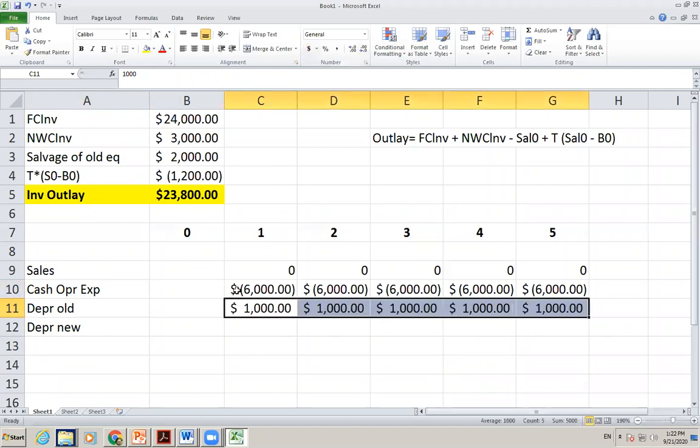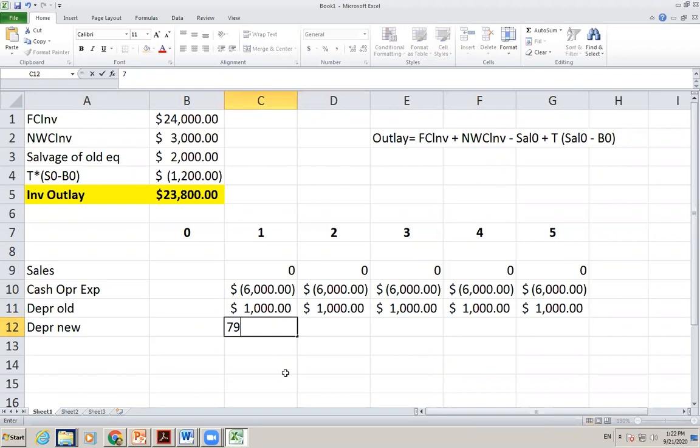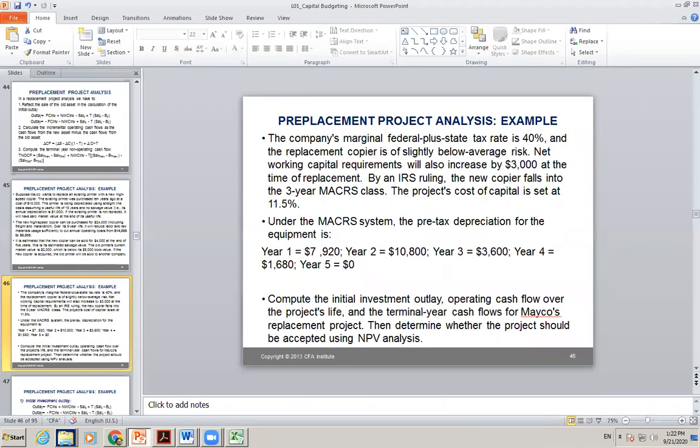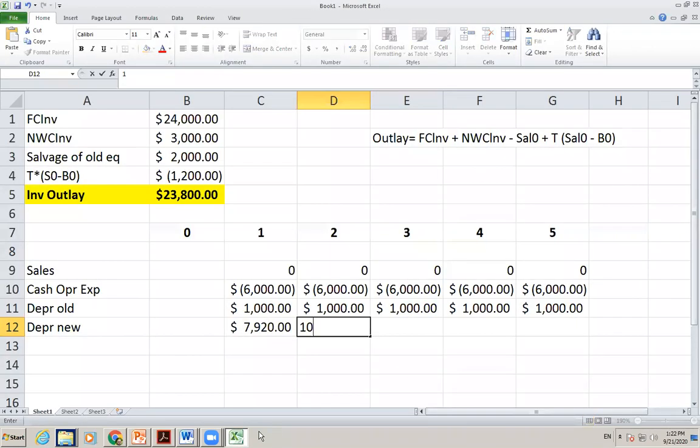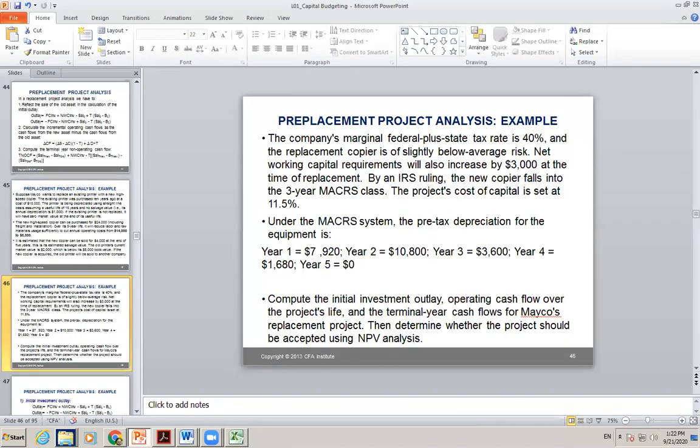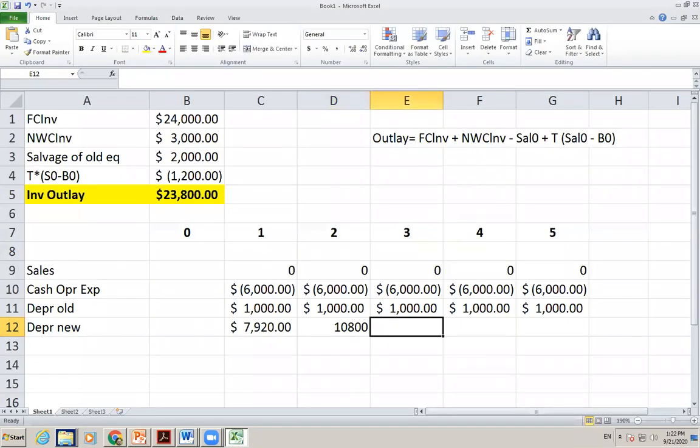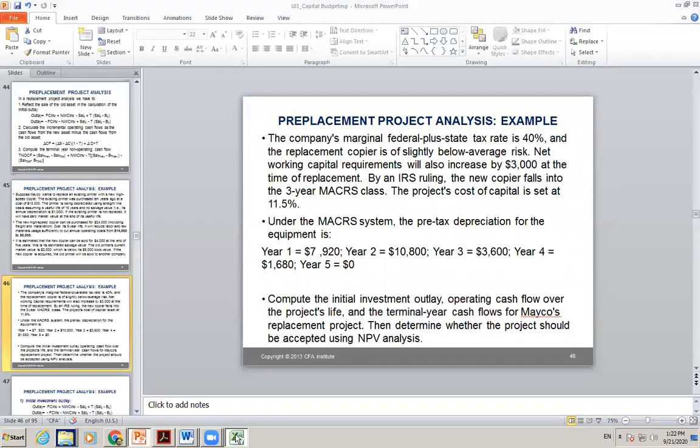I'm gonna dollarize it. And the new one is 7,920, it's given. Then 10,080, 800, 3,600, and 1,680.